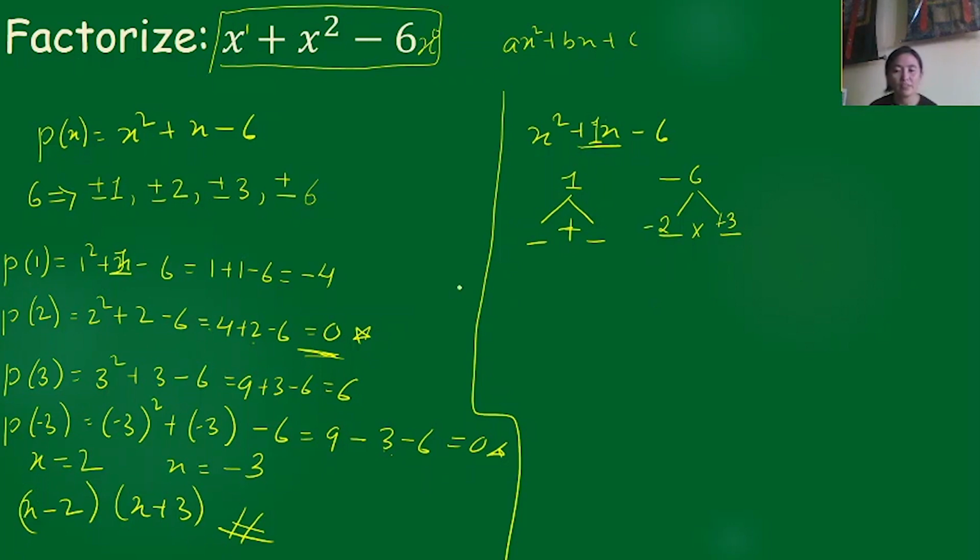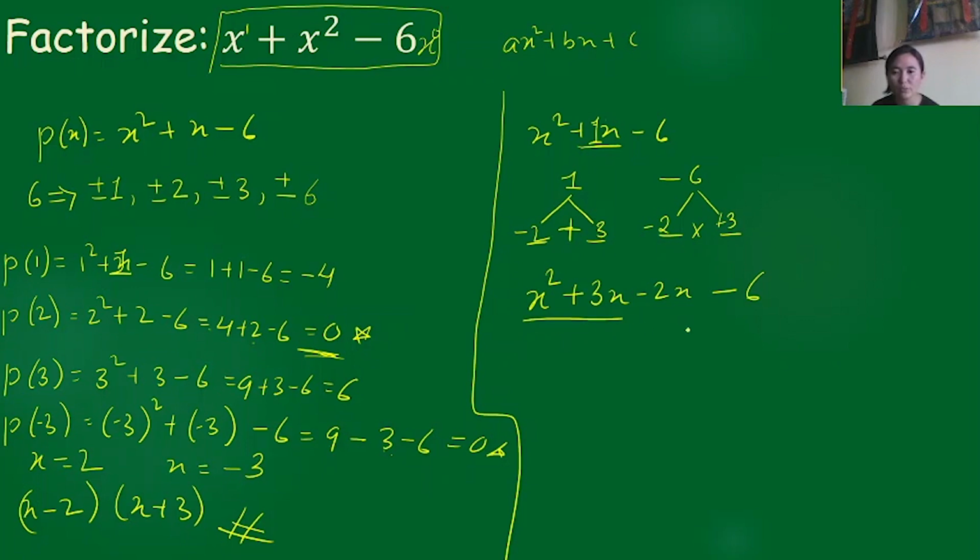We'll write negative here. So when you add minus 2 and 3, you will get plus 1. So what we can do is x square plus 3x minus 2x minus 6. Now 3x minus 2x is plus 1x, and 3 into minus 2 is minus 6.